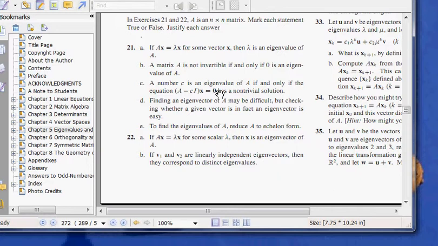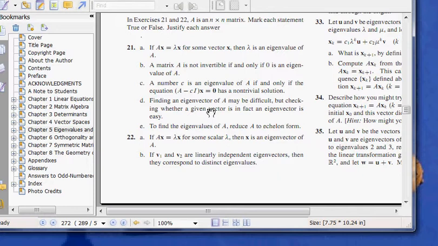But checking a given vector is easy, because you multiply the matrix and the vector together and see if the result is a scalar multiple of the original vector. That's how you tell if you found eigenvalues and eigenvectors. So this is true.